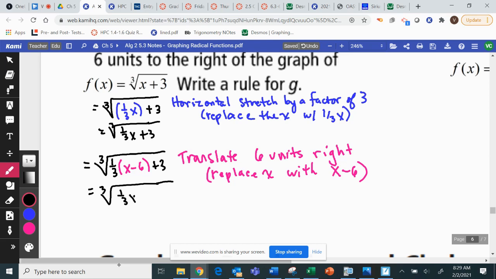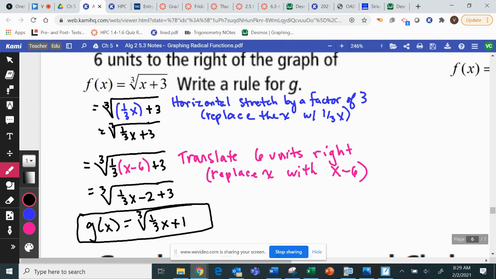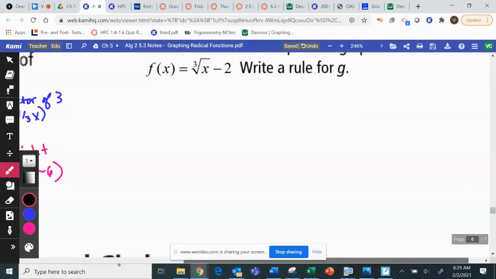So I'll have 1/3 times (x minus 6) plus 3. So g of x is the cube root of 1/3 x plus 1. Any questions? Okay, and then I asked you to try the next one. If you haven't tried the next one yet, try it.